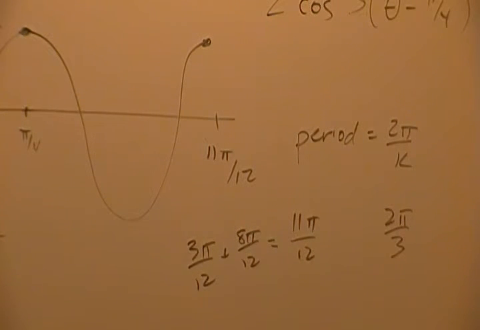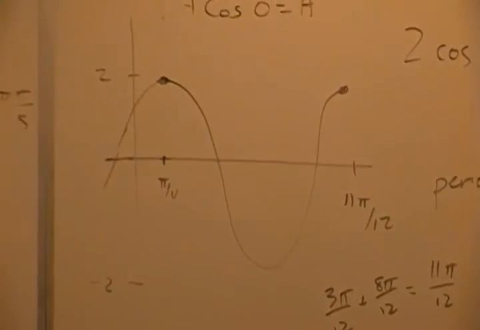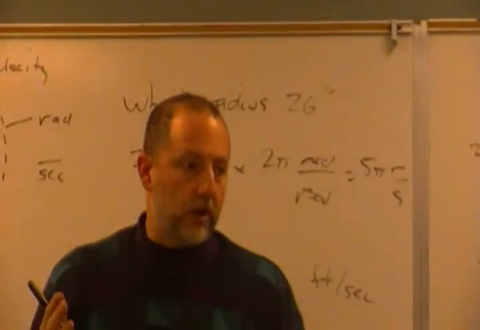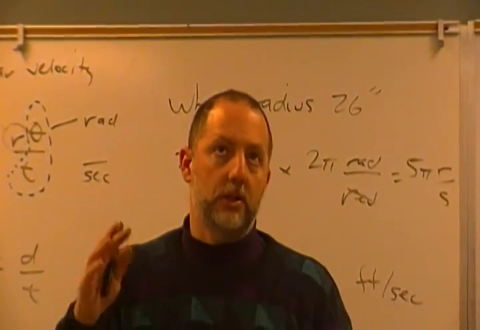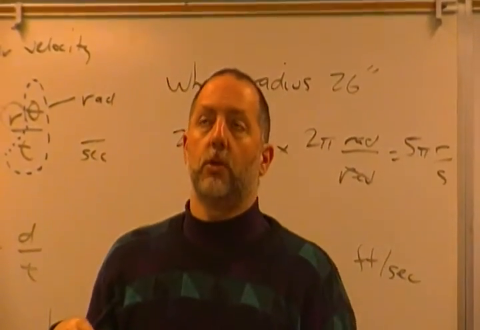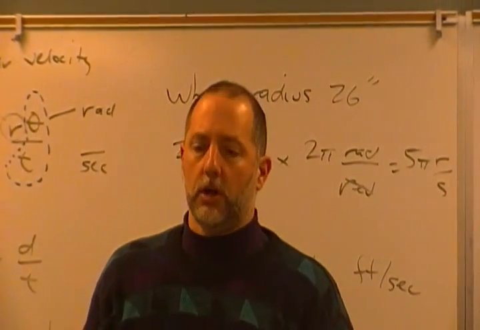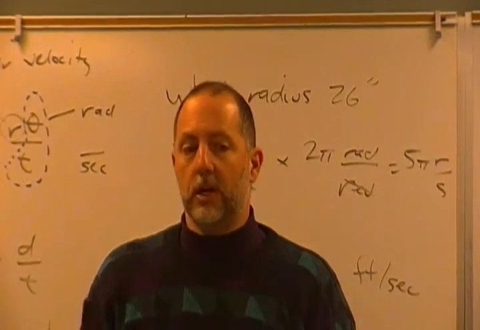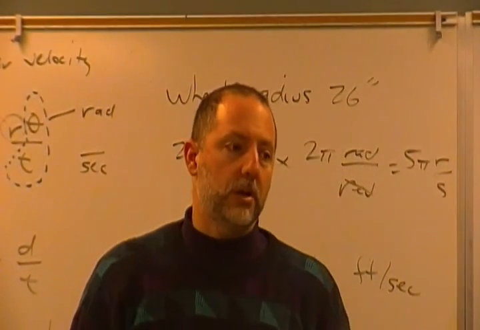So on those, I don't even bother to worry about phase shift. I intentionally look for the discontinuity. If it's a tangent graph, I ask, when does tangent go to infinity? Well, tangent is sine over cosine, so when is cosine 0? Cosine is 0 at 90 degrees, so at 90 degrees I'm going to get an asymptote.